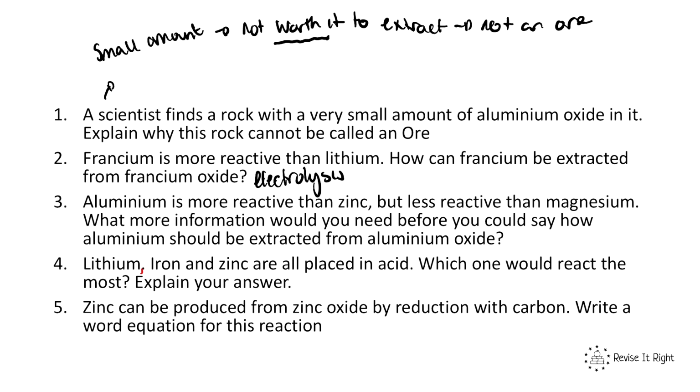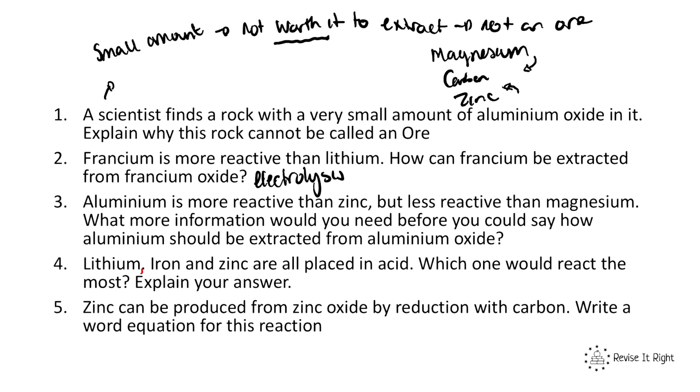Aluminium is more reactive than zinc, but less reactive than magnesium. What more information would you need before you could say how aluminium should be extracted? Well, if we zoom into our reactivity series, it goes magnesium, then carbon, then zinc. So we've got aluminium, and we're saying it's more reactive than zinc, so it's going to go above zinc, but it's less reactive than magnesium, so it's going to go below magnesium.